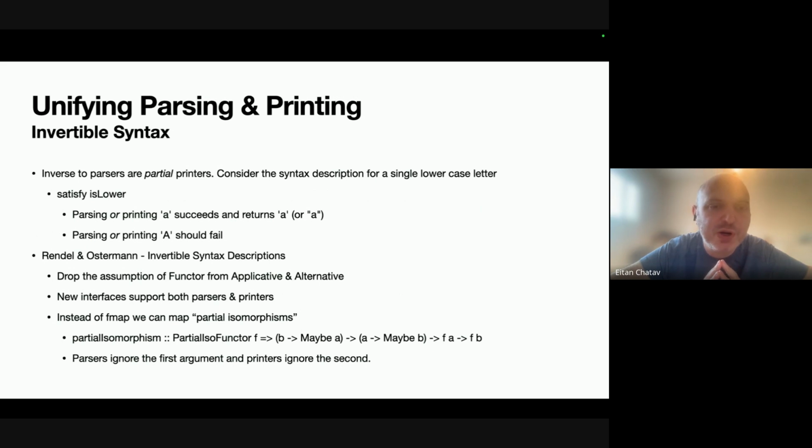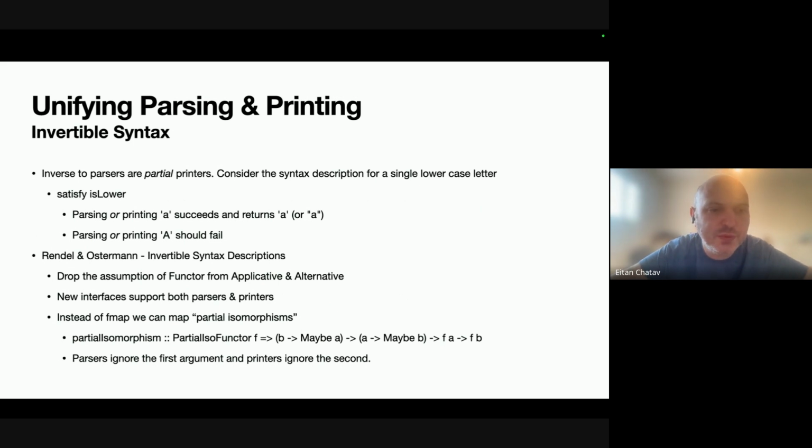If we parse one character off of our string, lowercase a, it should return the lowercase a, or if we print a lowercase a, it should print the lowercase a onto the string. But either parsing or printing a capital A should fail. So satisfy isLower is an example of a partial printer as well as a parser.